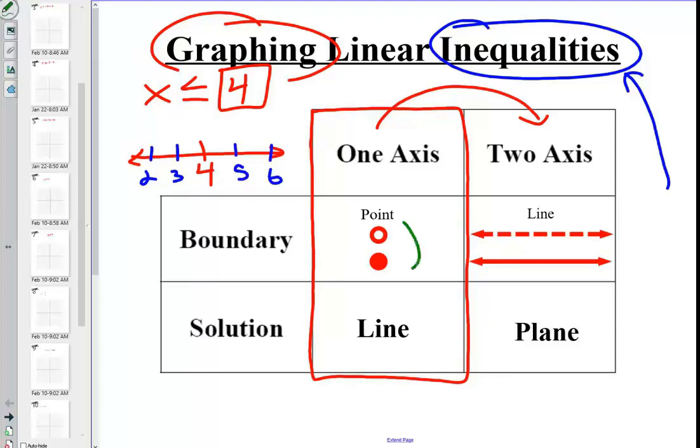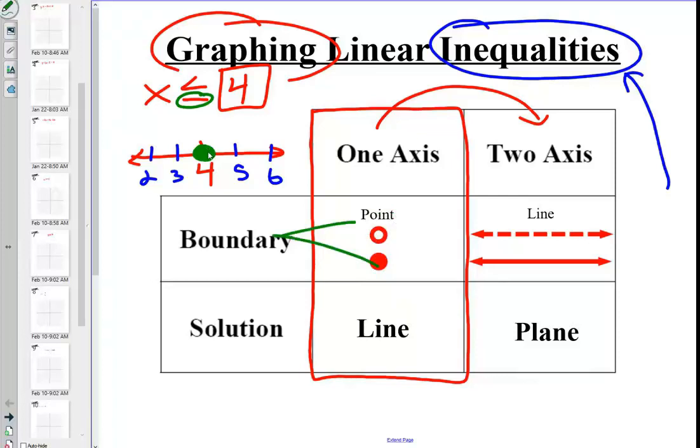Well, your two options were open or closed, and in this case, because we have an or equal to sign underneath, you would put a closed point. But what that teacher may or may not have emphasized to you is what that point was acting as. It was acting as a divider. It was acting as a boundary.